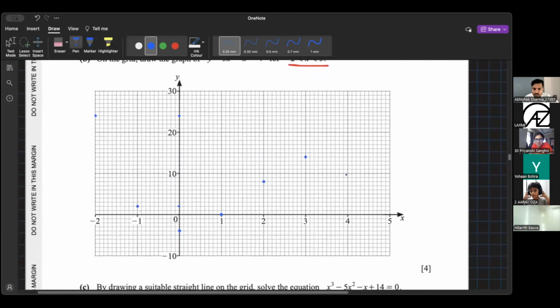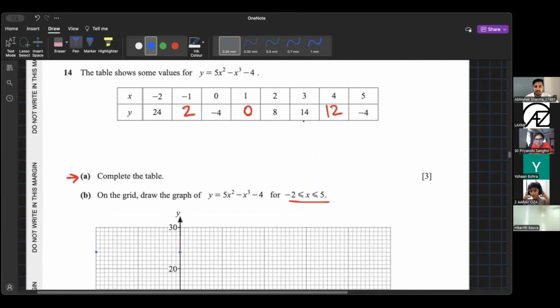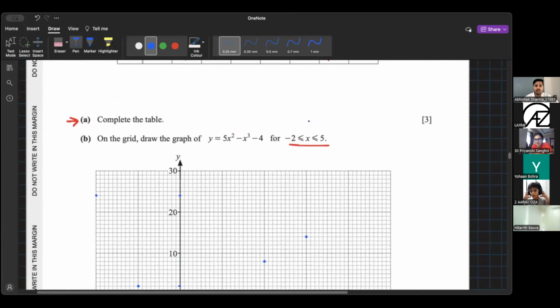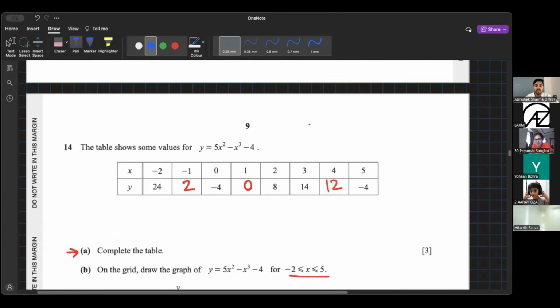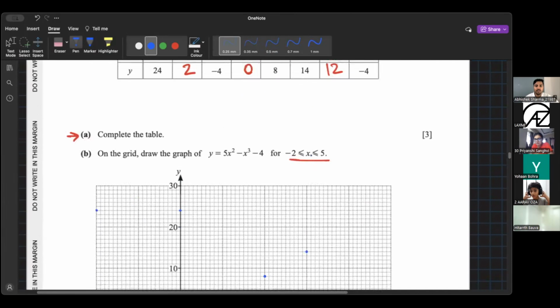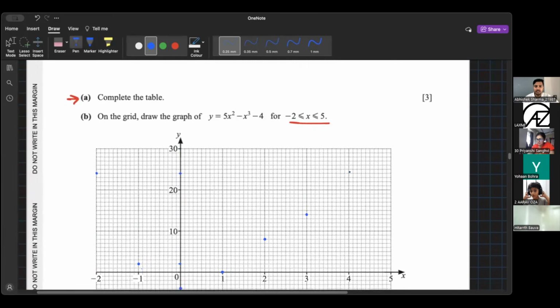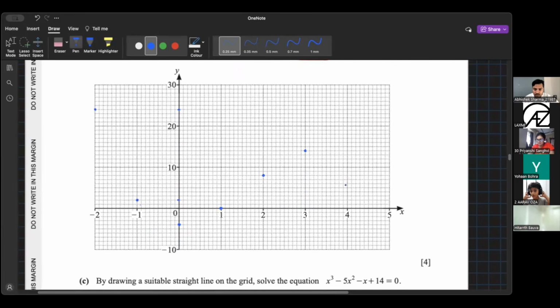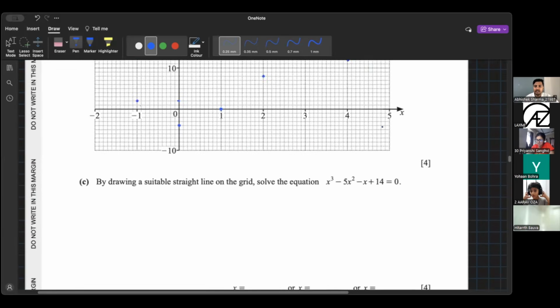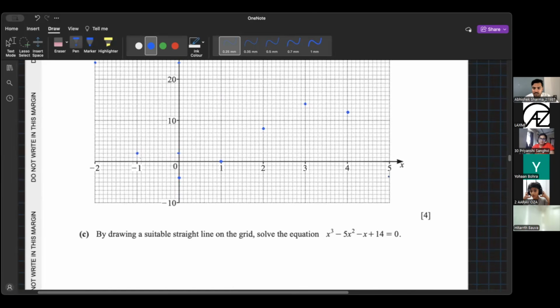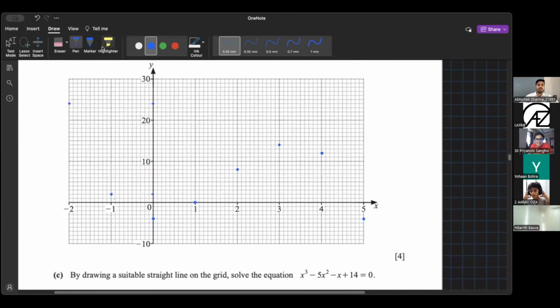At 3 it is 14, at 4 it is 12. Where is 12? 10 is here, 12 is here. And at 5 it is negative 4, means here, right? Okay. We can clearly see a smooth curve. And now we have to join the curve like this with free hand.